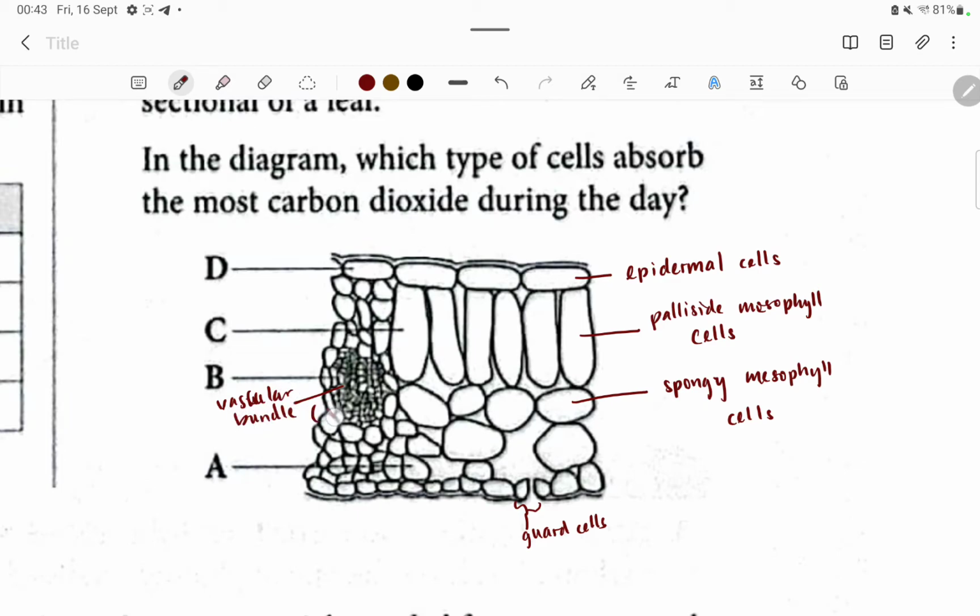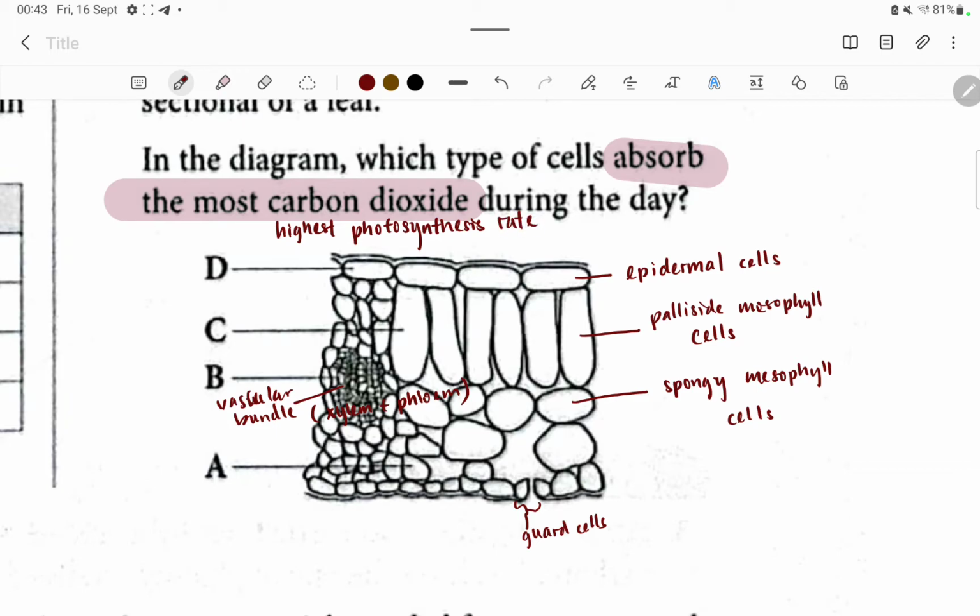And then they consist of xylem and phloem. Okay. Absorb the most carbon dioxide means highest photosynthesis rate.